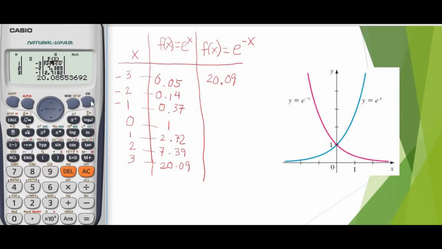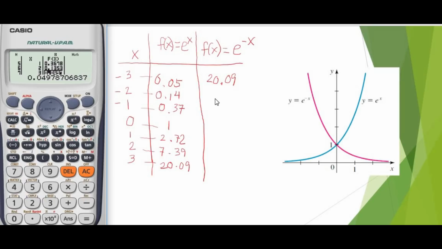Okay, checking the values. So the pattern is simply for when x equals negative 2, the value is 7.39. If we notice, this is just our value in reverse, starting with this value here. Having checked these values, we will simply write down the corresponding values in reverse order.